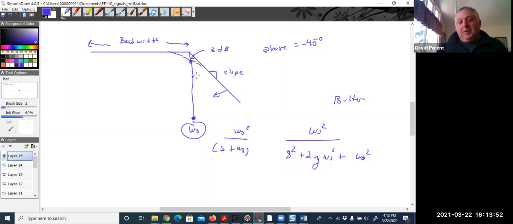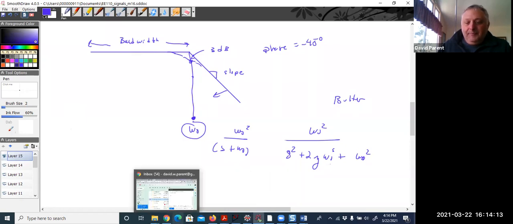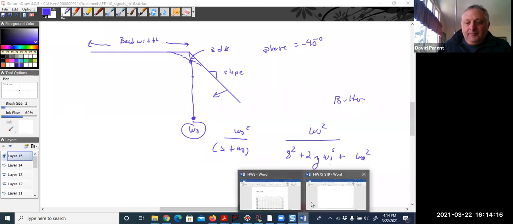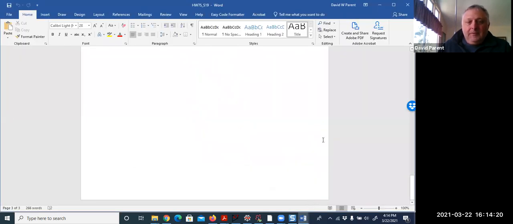But the bandwidth is just where that minus 3 dB point is. Because it's a Butterworth filter, you just say that. So I'm just telling you the bandwidth is such and such.